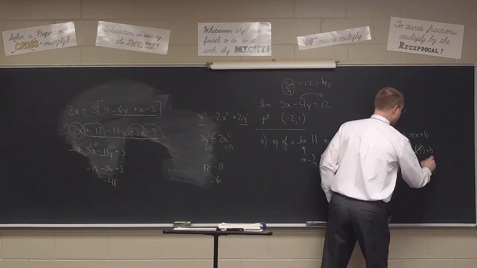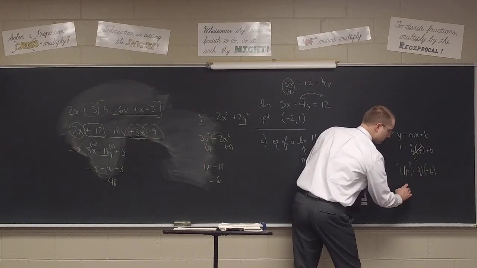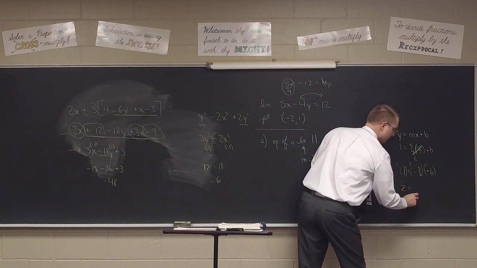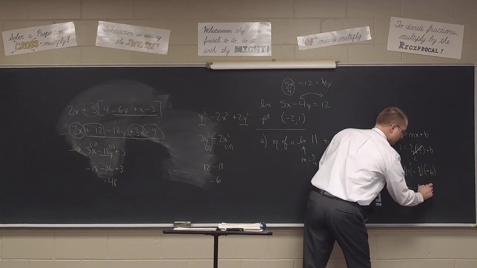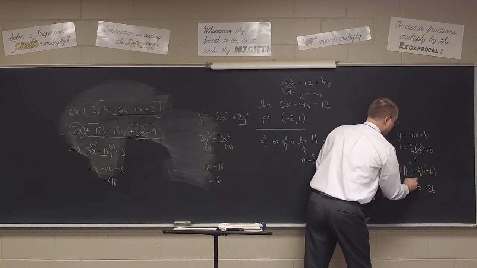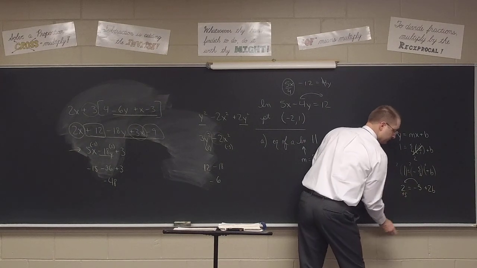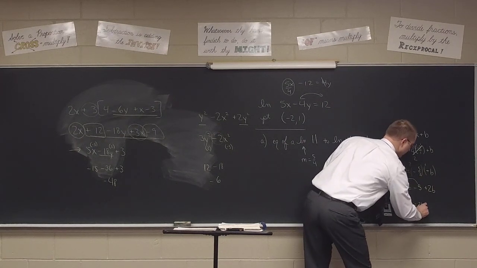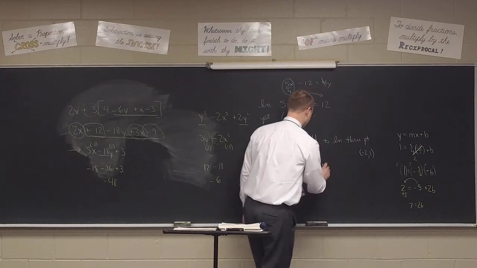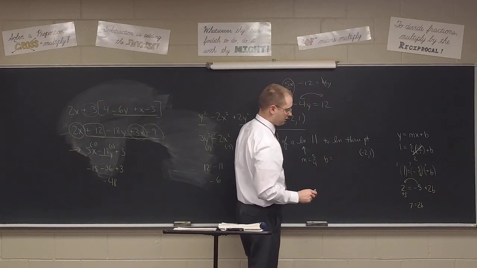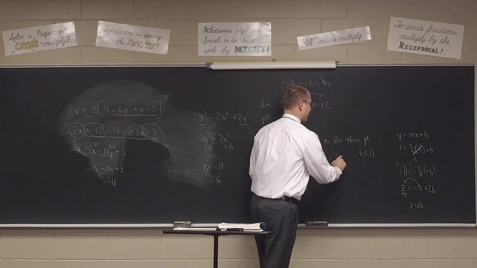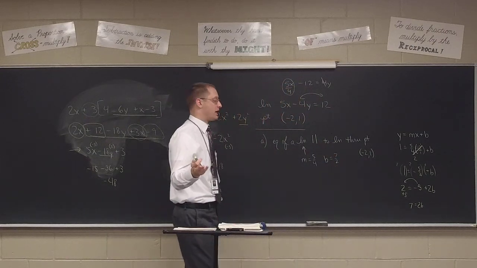Multiply everything by 2 to get what? And then, of course, we can move the negative 5 over as a positive, to get 7. 7 equals 2b. And then b must equal 3.5, or we'd say 7 halves, unless we were graphing it, right? Then the 3.5 would help.